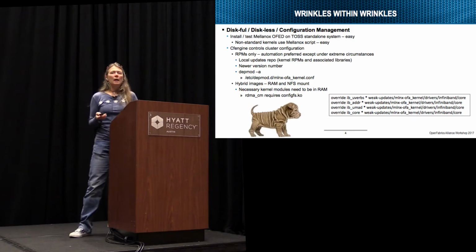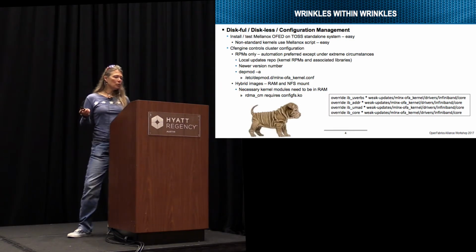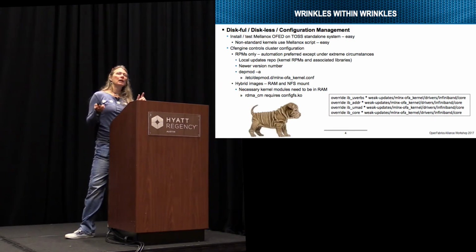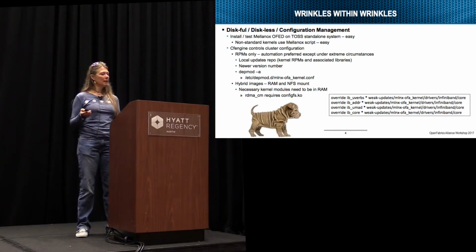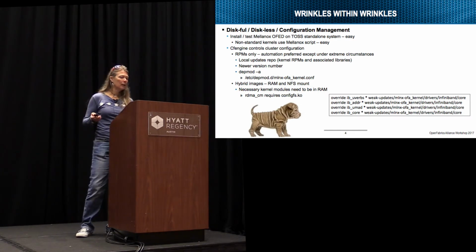It wasn't too bad. The way the Mellanox OFED driver works is it puts a file in depmod.d to say, when you want to load these kernel modules, don't get them from your regular place. In this case, go get them from weak updates.